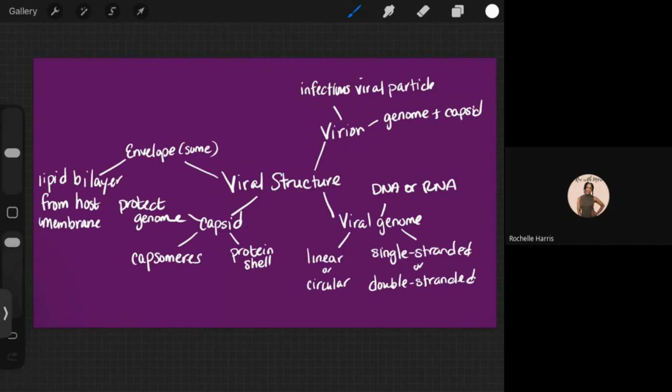Stemming from envelope, we also have glycoprotein, glycoprotein spikes, and we also have, put it up here, sensitive to environment.